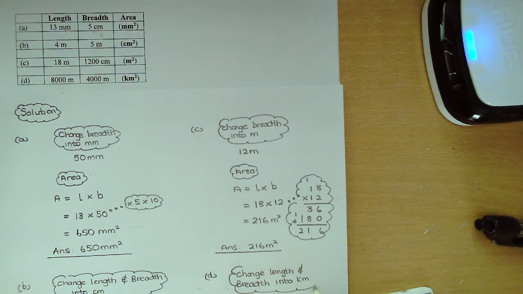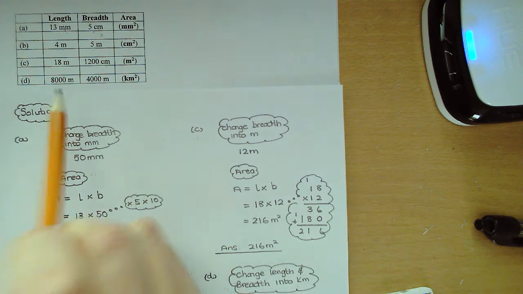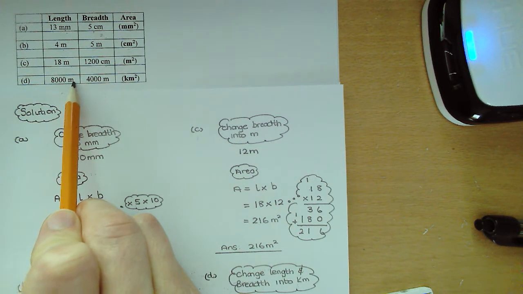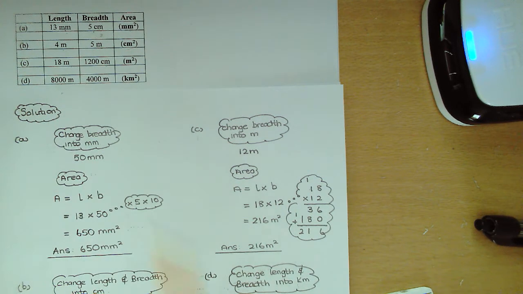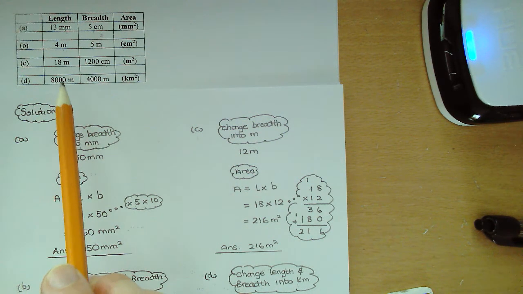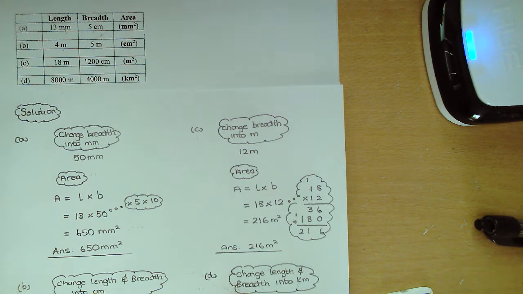Now, we're changing metres into kilometres. We're changing a smaller unit into a bigger unit. Remember, changing smaller unit into bigger unit, you divide. So we're going to be dividing 8,000 by 1,000. So that's just going to give us 8 kilometres.